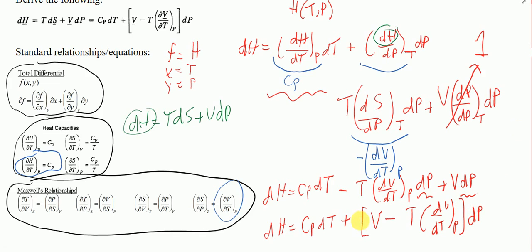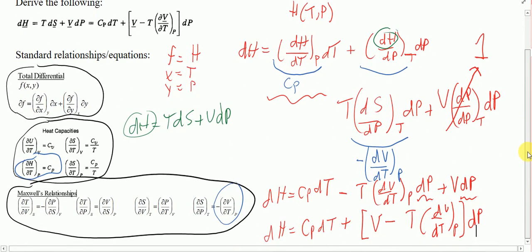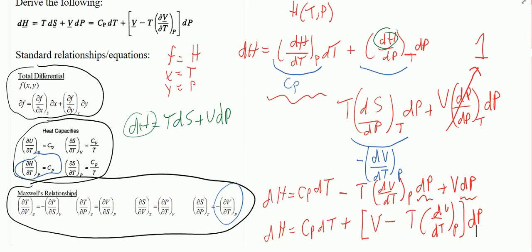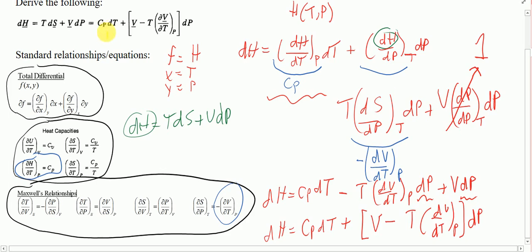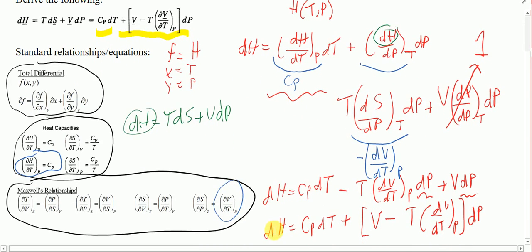If we take that equation and compare it to the top equation right here, we see that we have the terms Cp dT plus V minus T times (dV/dT) at constant P times dP, which is the same thing as what we have at the bottom right here. So we do have dH equal to Cp dT plus V minus T times (dV/dT) at constant P times dP.